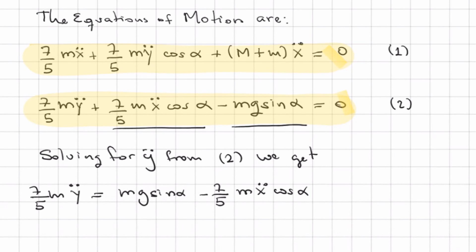Okay, now the 7m that is multiplying right here, we send it to the other side of the equation dividing. And the 5 that is dividing, we send to the other side of the equation multiplying, okay?